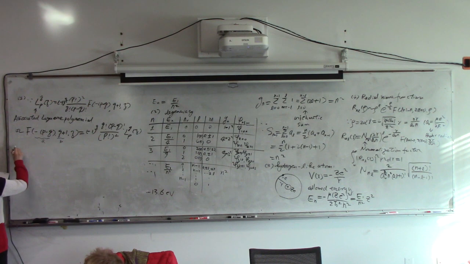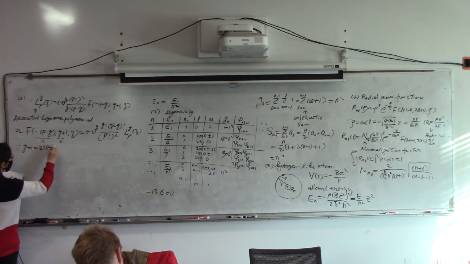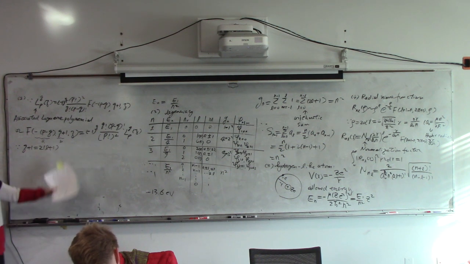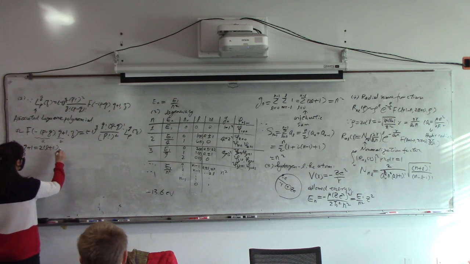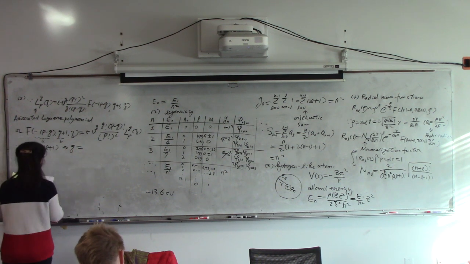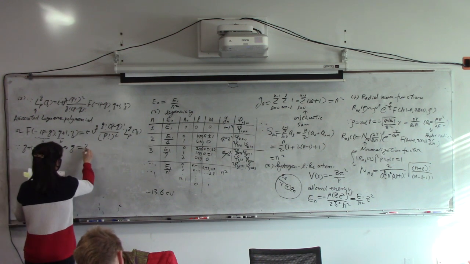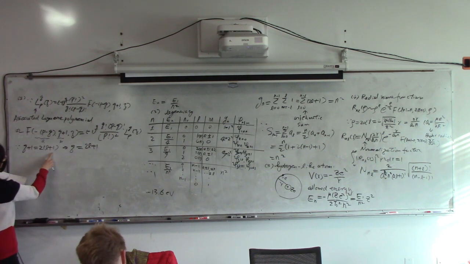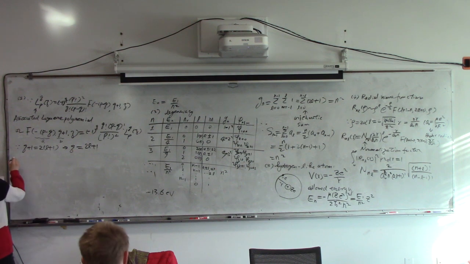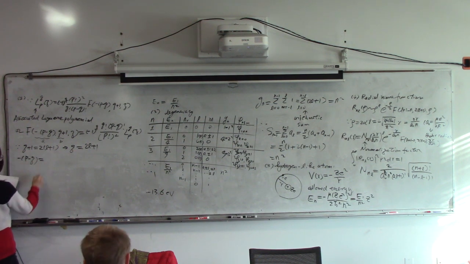So now we are going to find, because q plus 1 is B, so B is equal to 2L plus 2, right? That is B. Then from here, q equals 2L plus 1, so they cancel. And the second one, minus p minus q is equal to A, right?